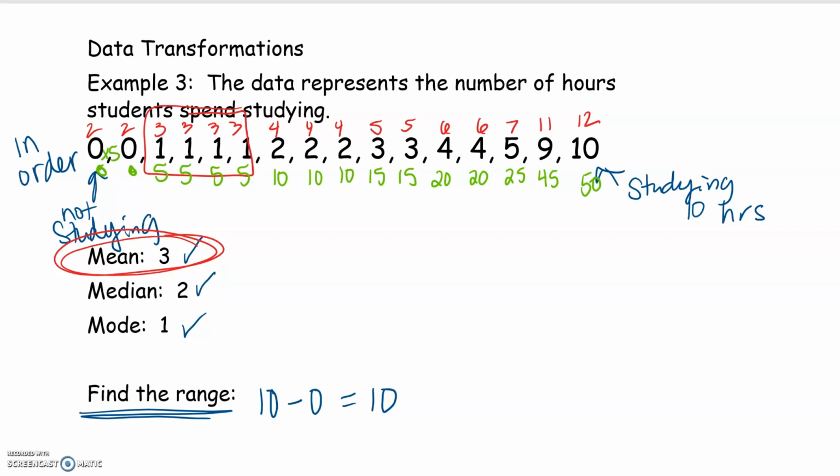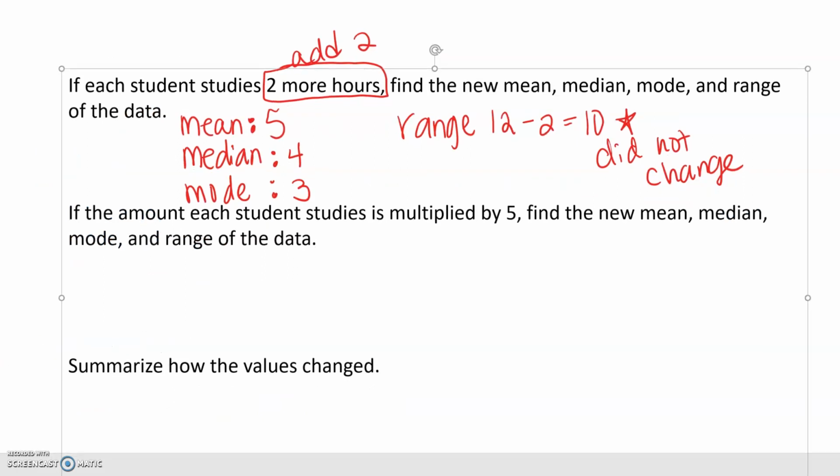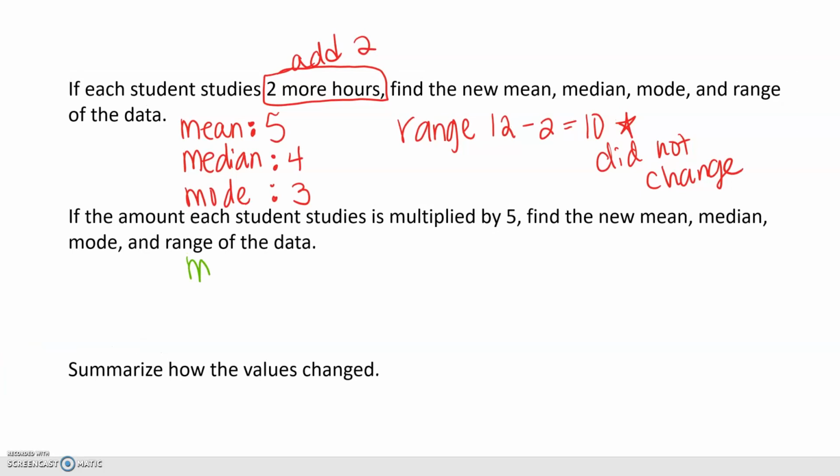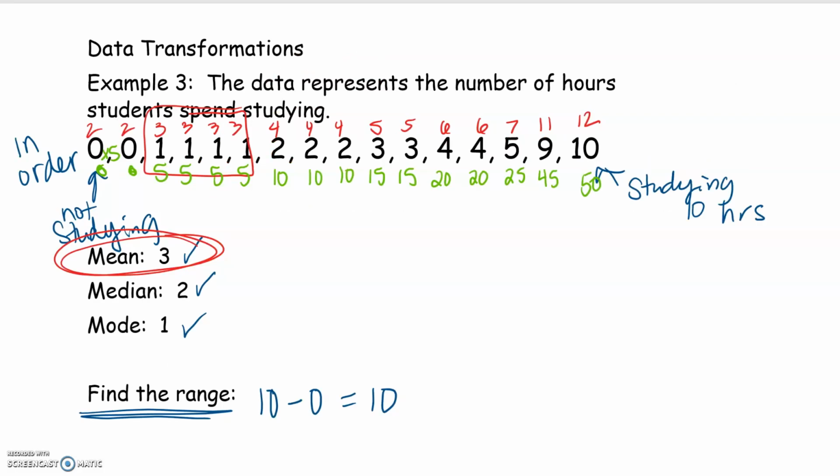Go ahead, pause the video, and find your new mean. Hopefully you find your new mean and you see that it is 15. When we compare that back to the original mean, remember this was a 3.